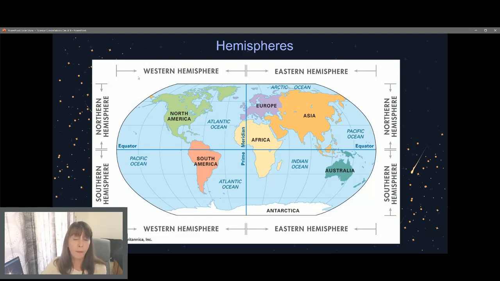The majority of the population of the world resides in the northern, eastern hemisphere. You would think there are a lot of people in North America, but there are more over in Asia. So that's what hemisphere is. It's just the way that the Earth is sectioned off.